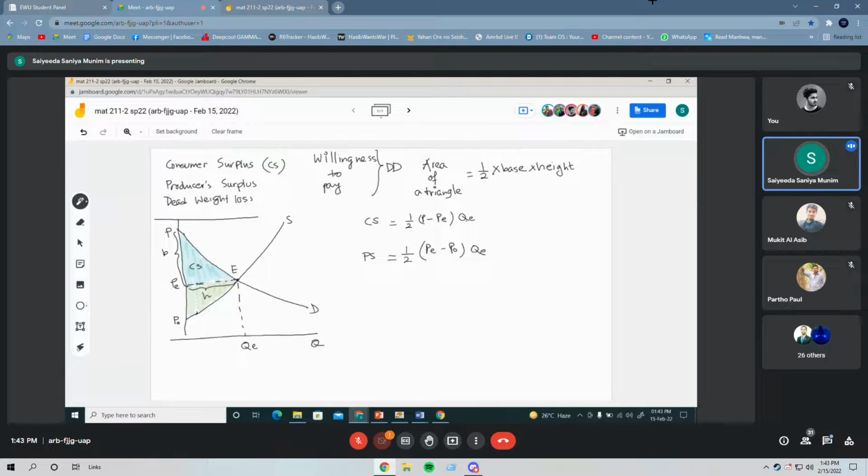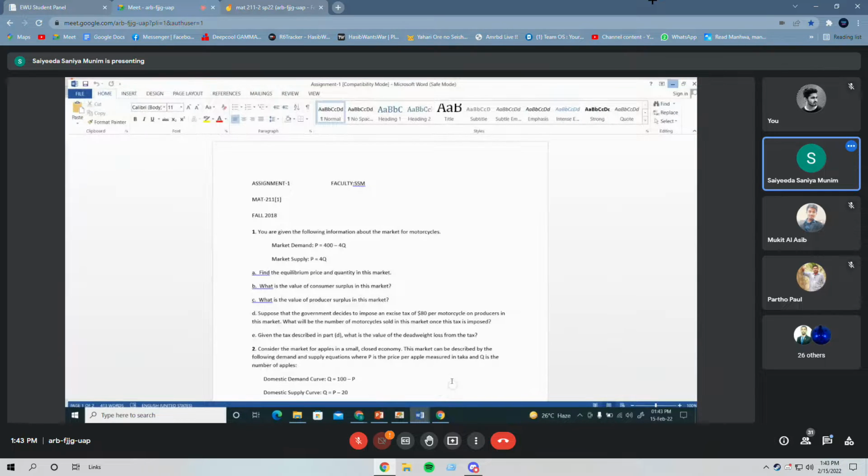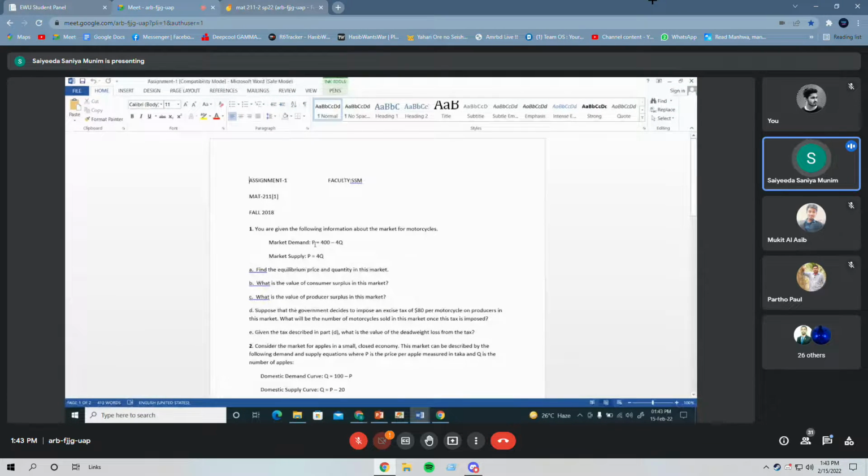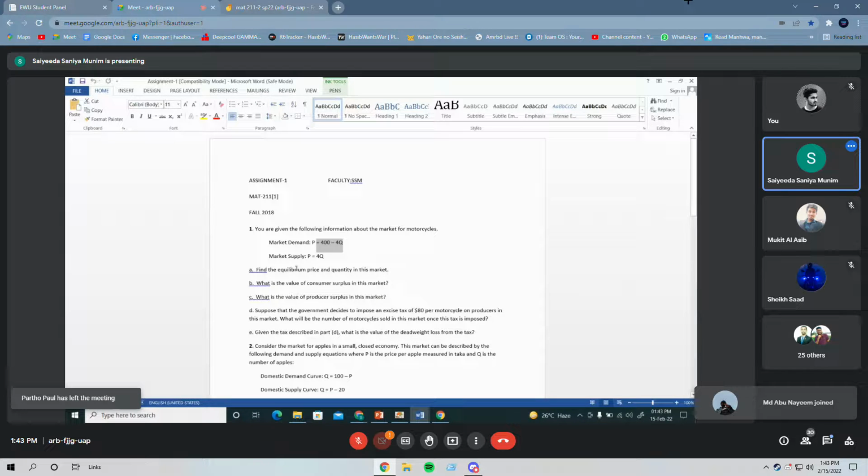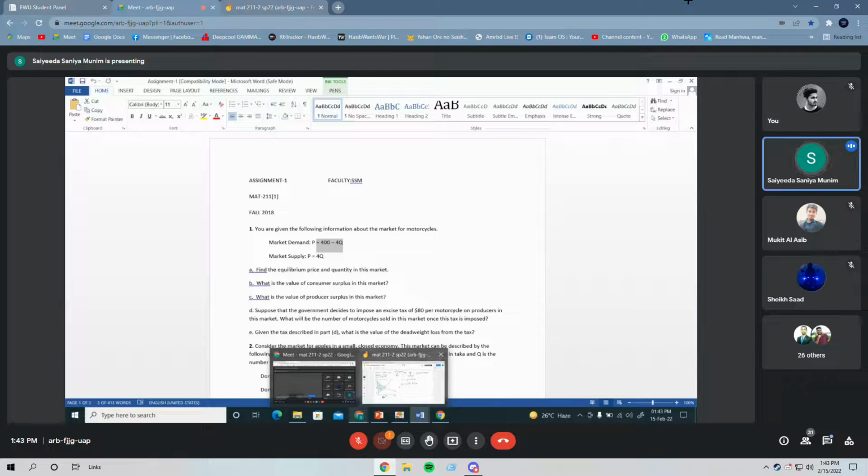So let's take an example. You have a market demand of P equals 500 minus 4Q, and a market supply of P equals 4Q. Let's use these equations to calculate consumer surplus and producer surplus.